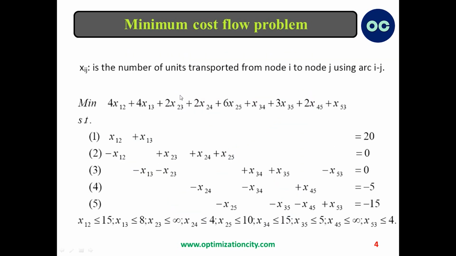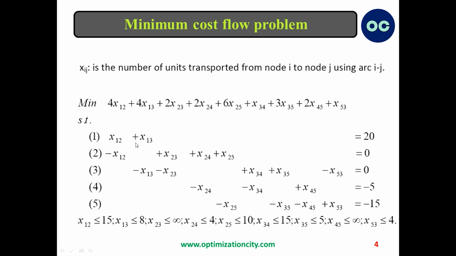The minimum cost flow problem has a unique structure that helps determine the solution algorithm. The flow variable denoted by x_ij in the balance equations has coefficients of 0, plus 1, and minus 1.